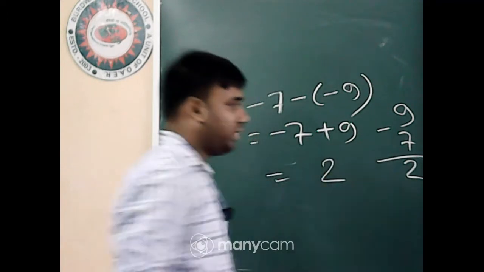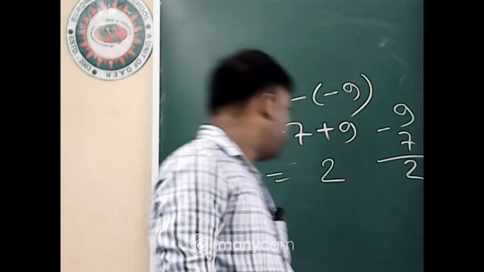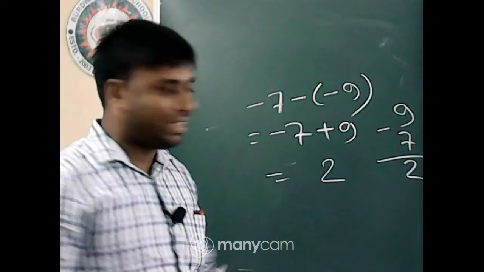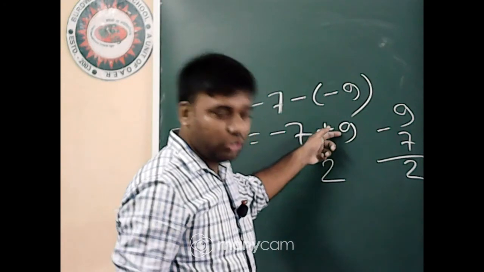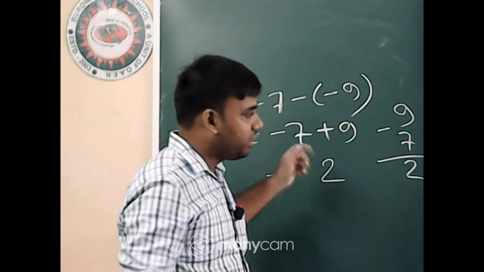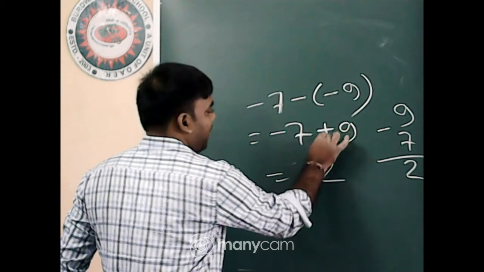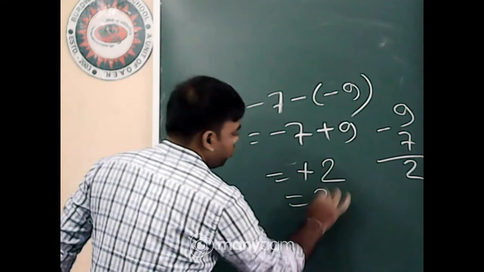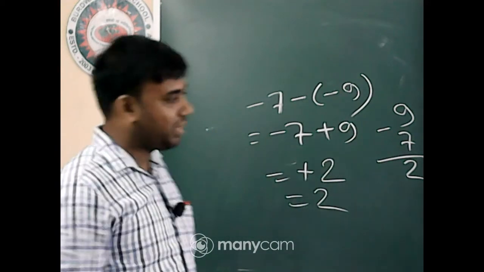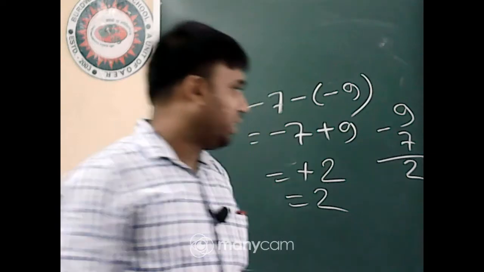What will be the sign of 2? Plus or minus? As 9 is greater, the sign of 9, that is plus, will come here. So the answer is +2. But you have answered -2. Okay?